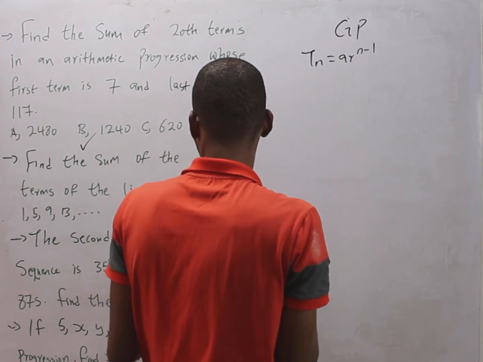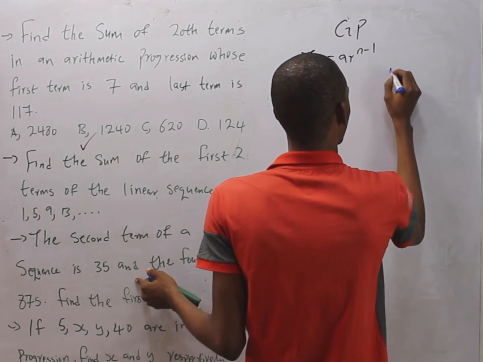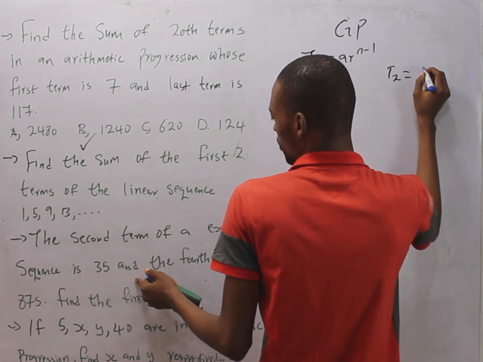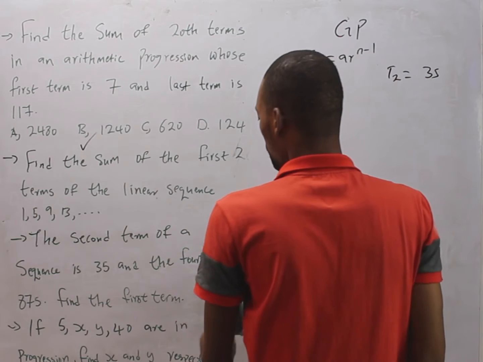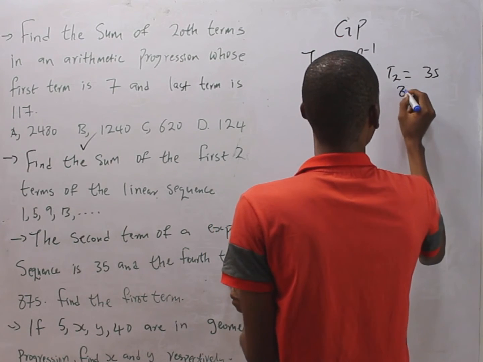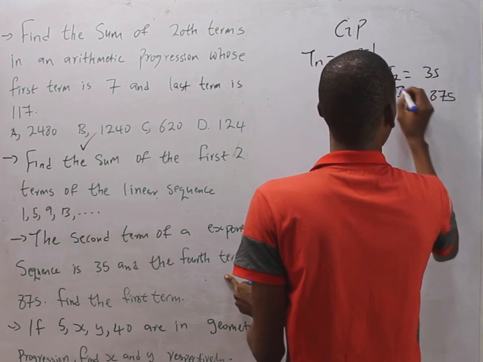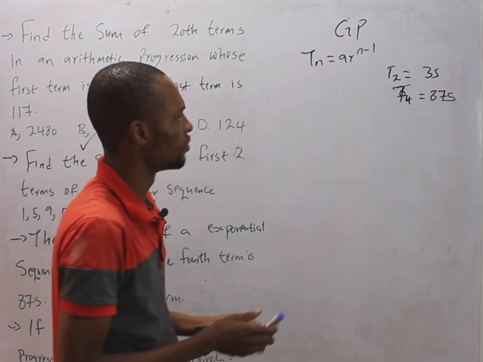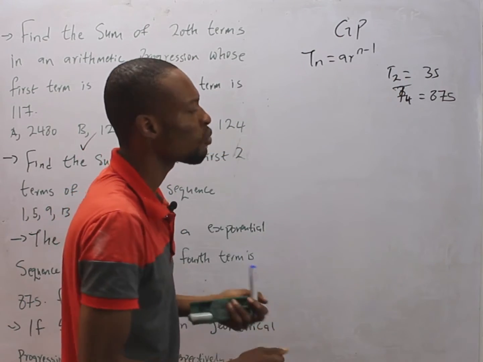We are told that the second term, T2, is equal to 35, and the fourth term, T4, is equal to 875. What does this mean? T2 is 35, and what is T2?